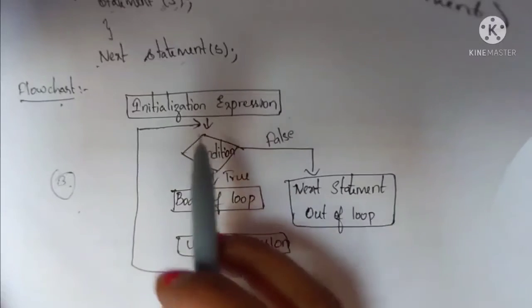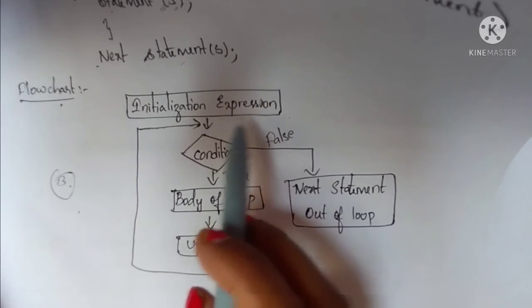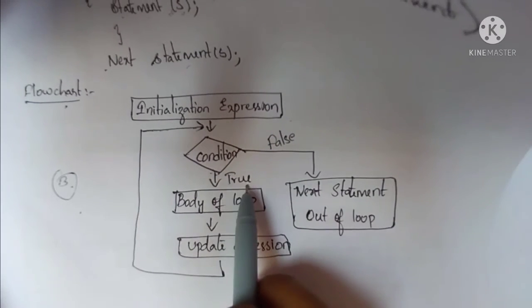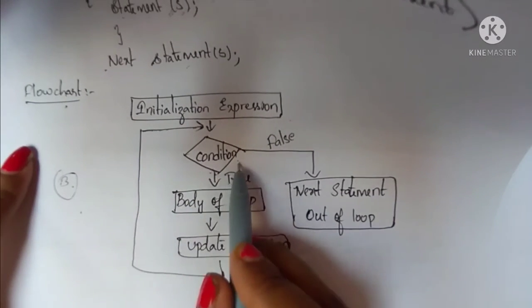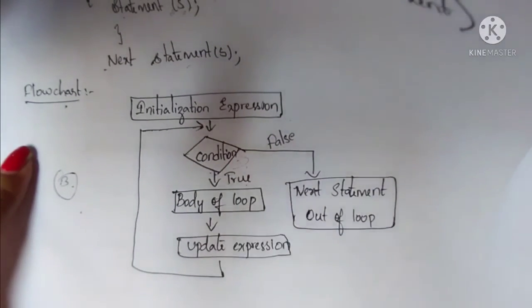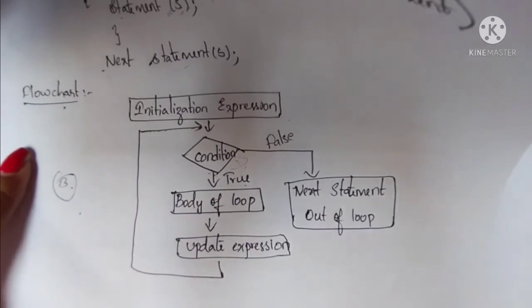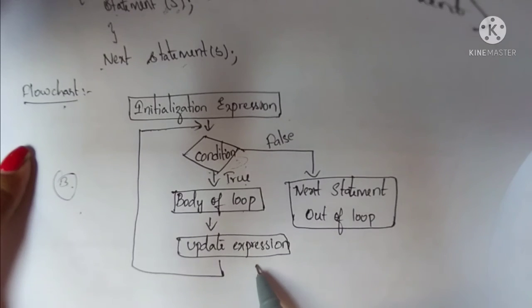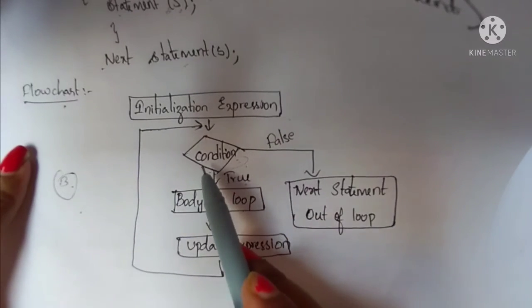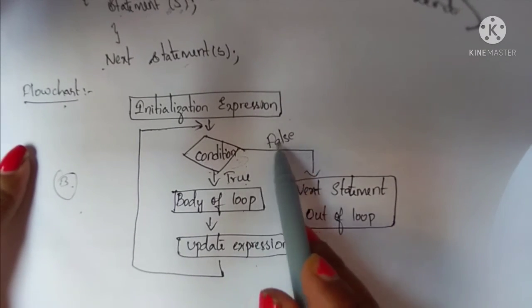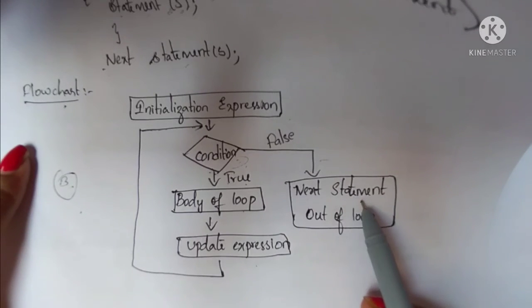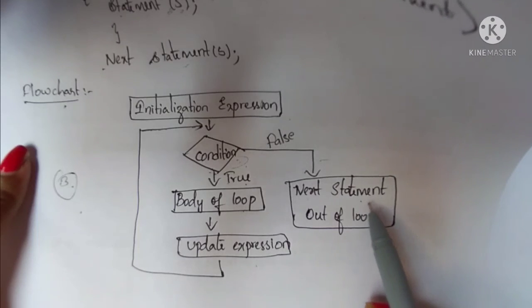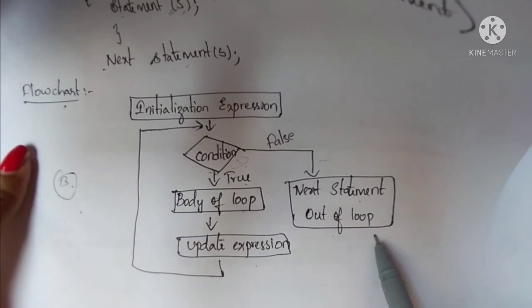First the initialization expression, then it will check the test condition. If this condition is true, then it will execute the body of the loop and update the expression. If this condition is false, then it will go to the next statement, or if the next statement is not available, it will come out of the loop.